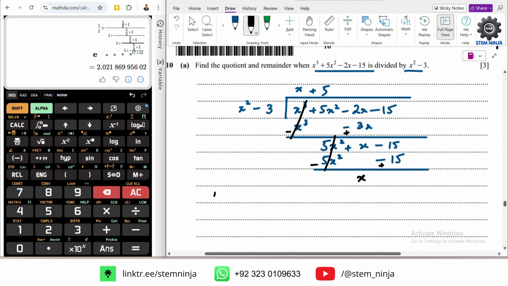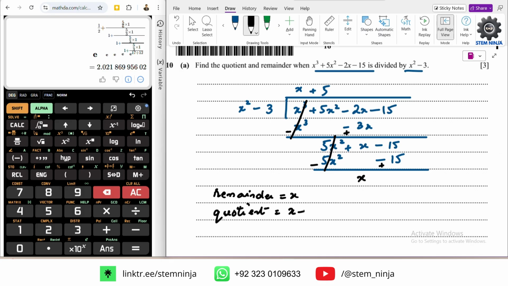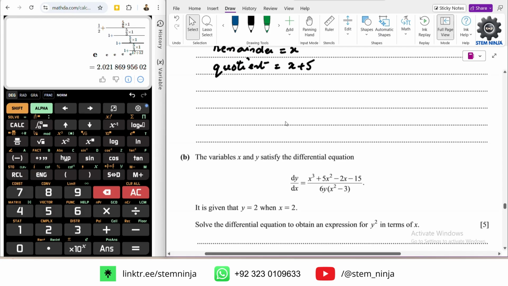So the remainder is x and the quotient is x plus 5. Right, okay. The variables x and y satisfy the differential equation. It is given that y is equal to 2 when x is equal to 2.